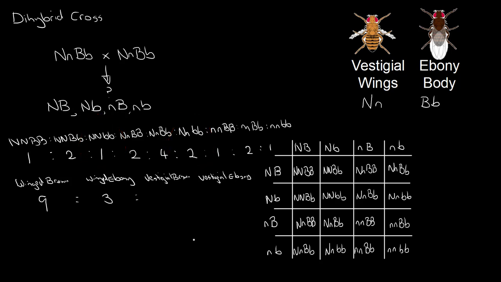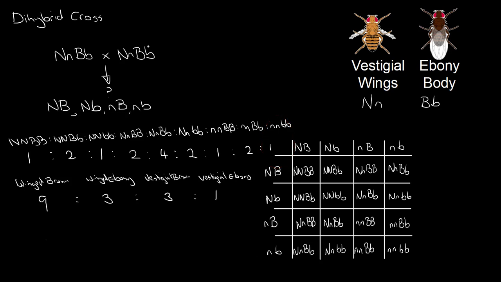Those which are vestigial brown, they're homozygous recessive for wings, but have at least one dominant body colour gene. And we have 1 plus 2 is 3. And the vestigial ebony must be homozygous for both recessive characteristics, and we have 1 of those.